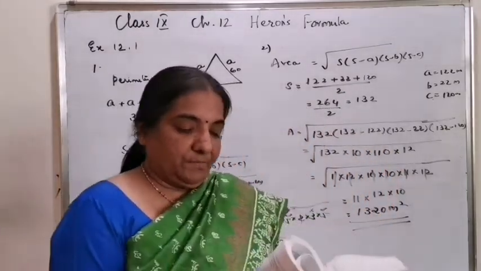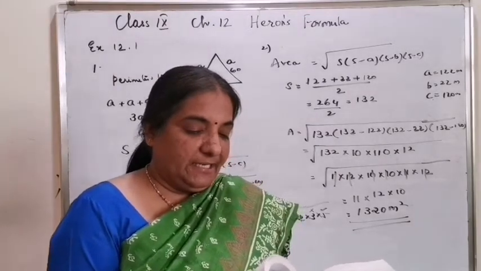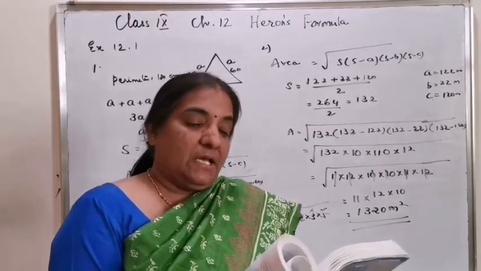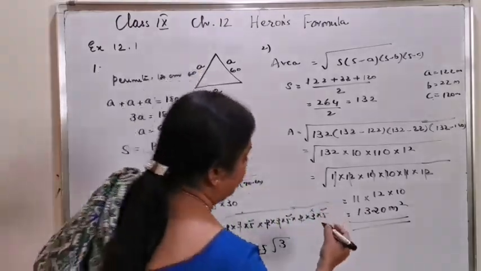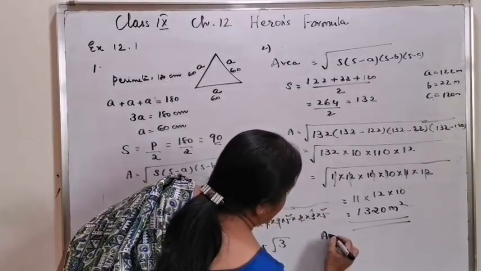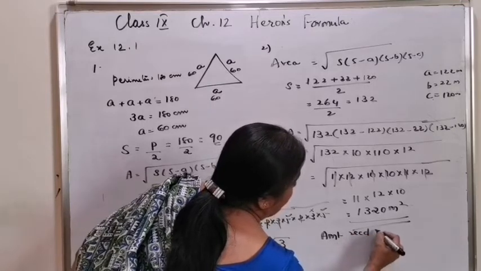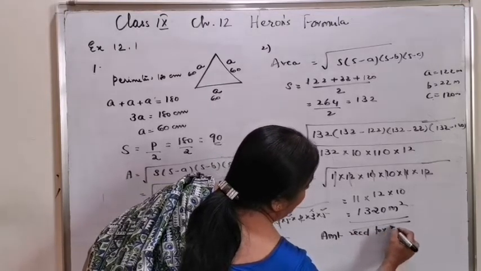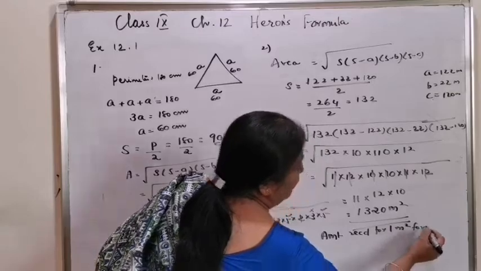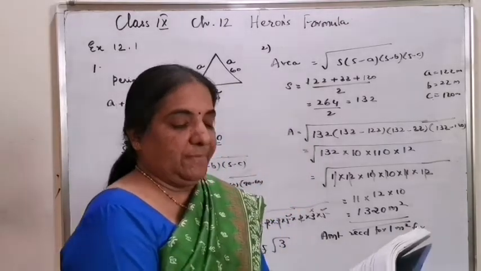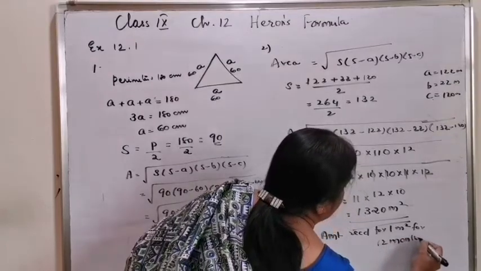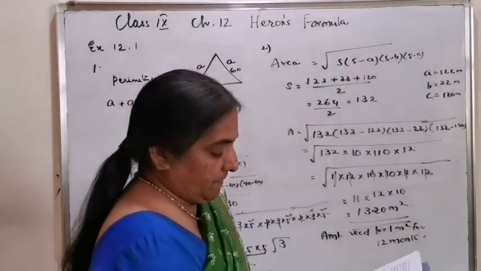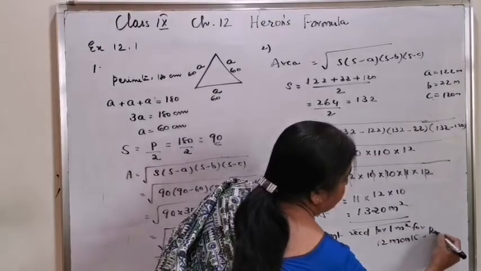And now the advertisements yield an earning of rupees 5,000 per meter square per year. That means the amount received for 1 meter square for a year, which is 12 months, is rupees 5,000.